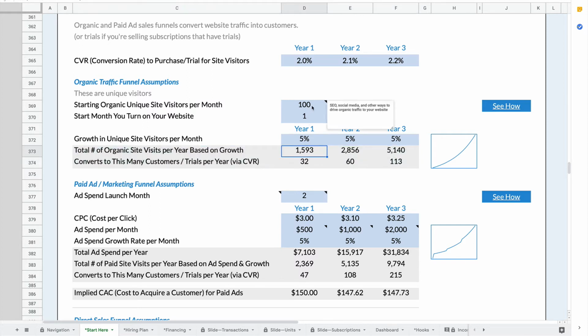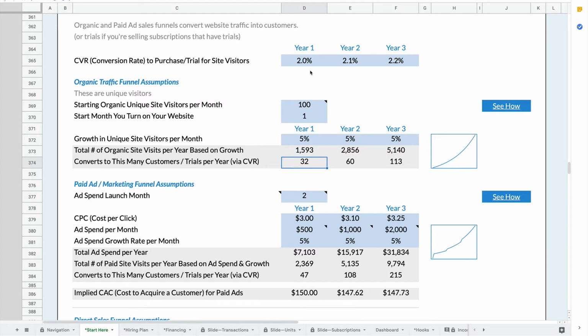So if I start with 100 unique visitors per month and I have a 5% growth rate per month, and I start in month 1, that gives me almost 1,600 visitors in the first year. And then I keep growing at 5%. That gives me close to 3,000 visitors in year 2 and close to 5,000 visitors in year 3. And this will also tell me how many customers this will convert to.